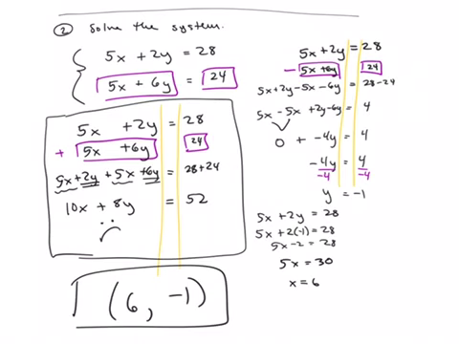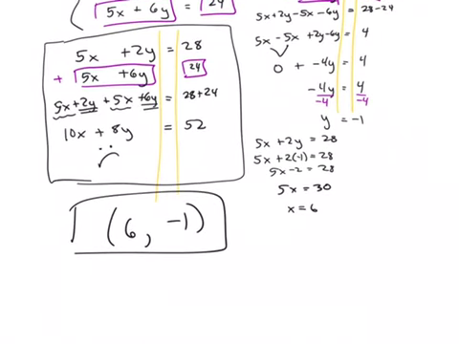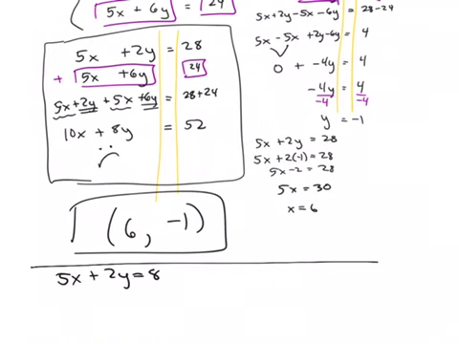It's always good to check in and see what you've accomplished. So we'll take 5x plus 2y equals 28, and 5x plus 6y is equal to 24. And I'm going to plug in 6 for x and negative 1 for y, and see if I get a solution, or if my pen works.